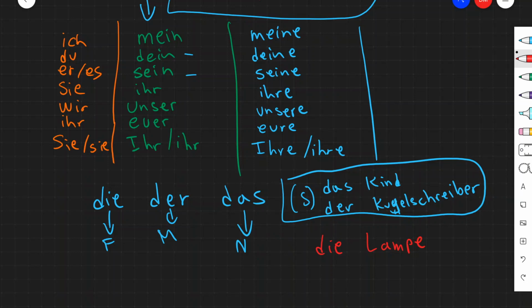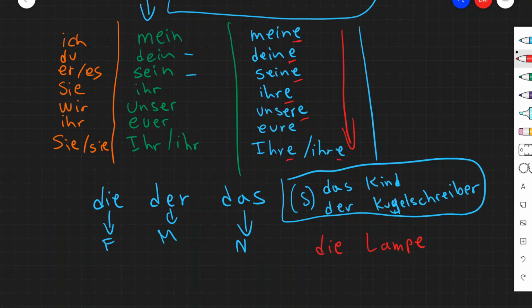Die Lampe uses these possessive pronouns. They get the added E in the end. Meine, deine, seine, ihre, unsere, and at the euer exchanges the places of the R and E, and at the end again ihre.